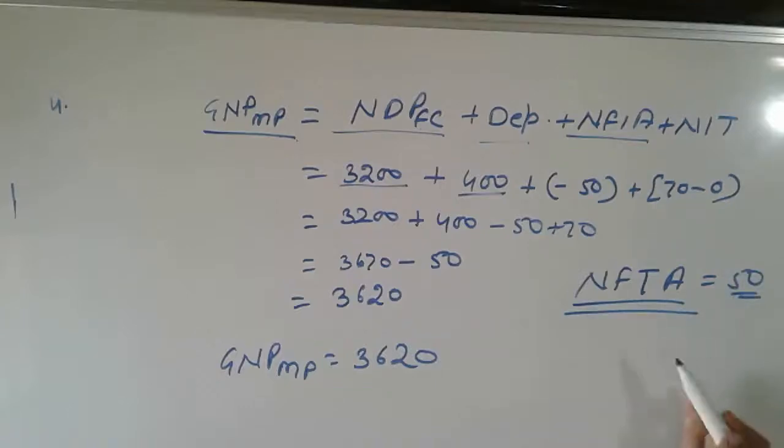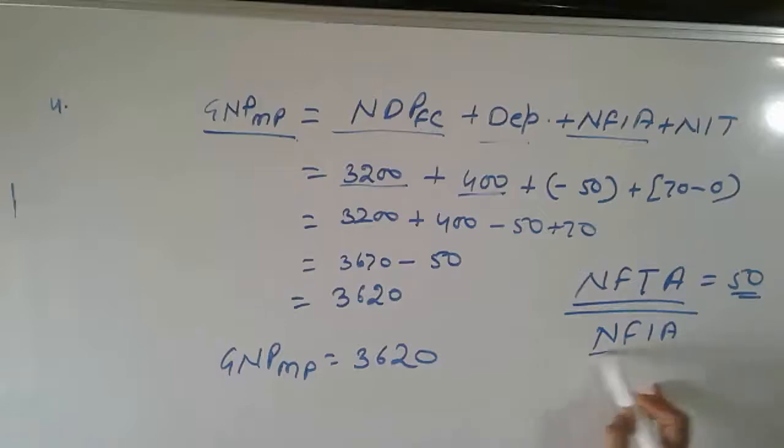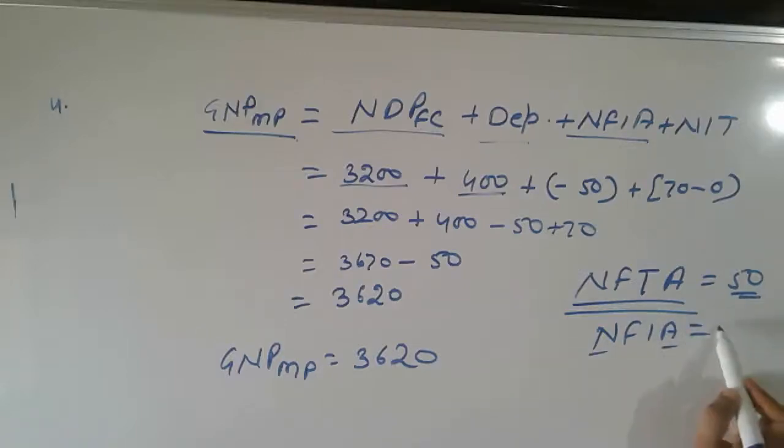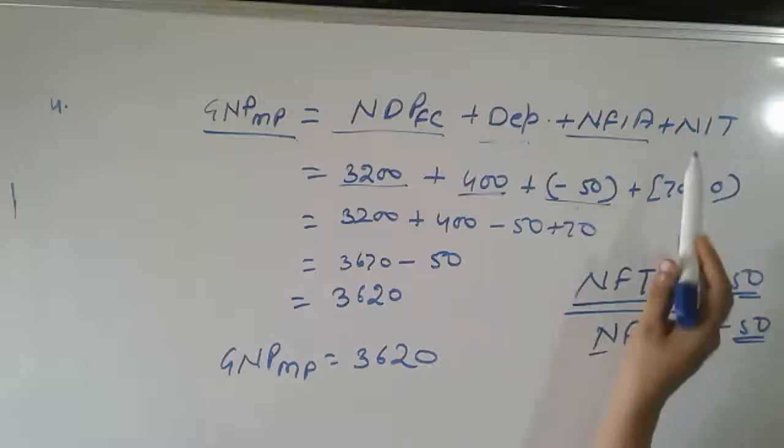It means factor income from abroad is less than factor income to abroad, so net factor income from abroad is negative, and we write minus 50.